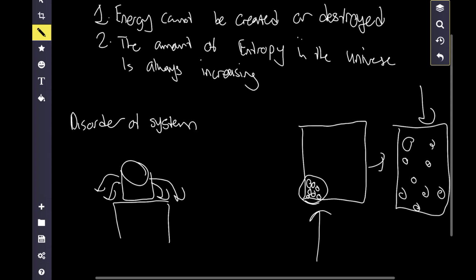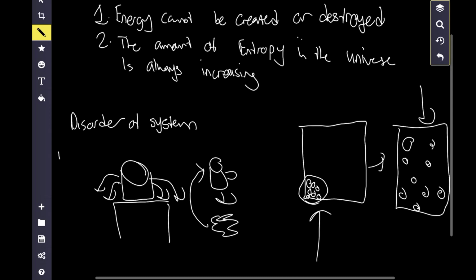If you drop a cup and it breaks, it's not just going to randomly go back to where it was without actually using energy to do it. Over time, the glass will just become messier and messier.